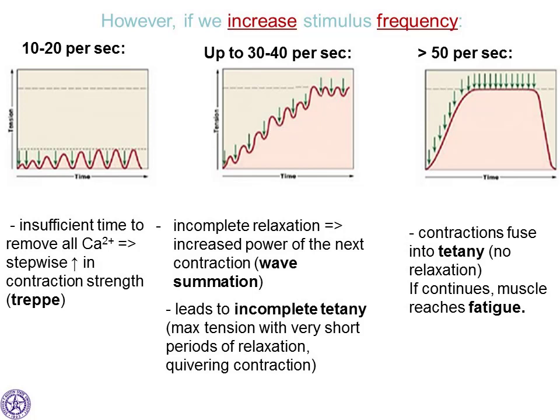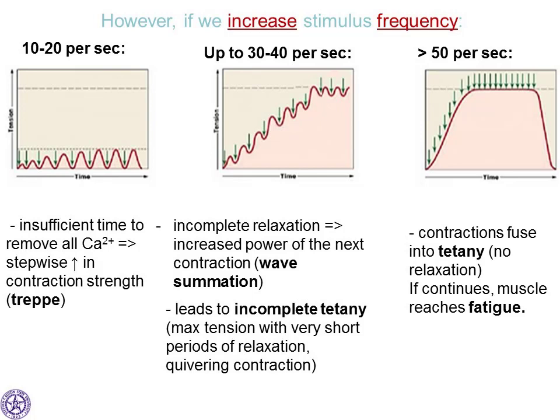Here at 10 to 20, we can actually see the contractions. Here, the muscle is just quivering. It's like a twitch. But if we go upwards of 50 per second, now do you see what's happening? Bam. You get complete contraction, no relaxation periods, and it just looks like the muscle is staying contracted and not moving at all, where in fact, it's moving so rapidly you don't see the relaxation periods.